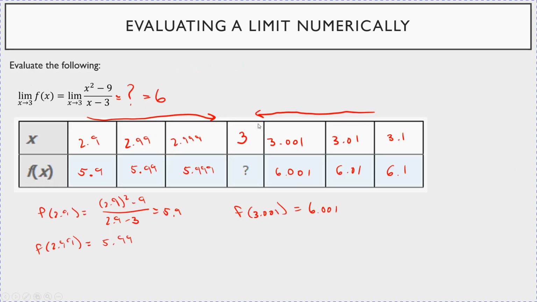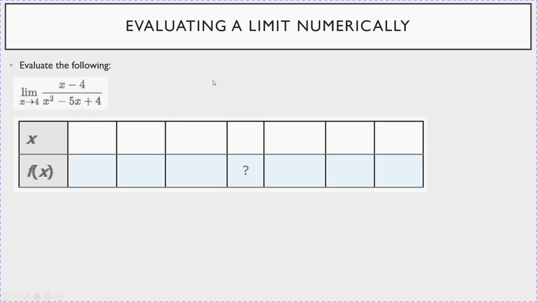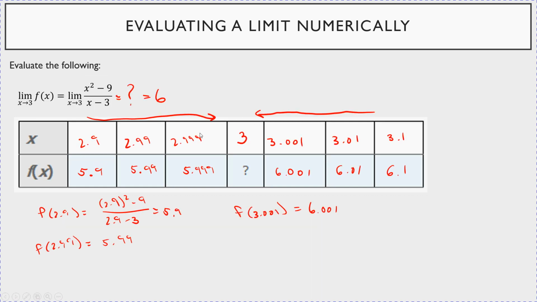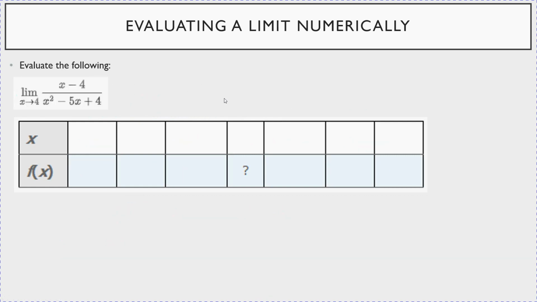All right, so let's do another one. We'll do one here where we don't know what the graph looks like. So here's the second one, using this same type of concept. Let's find the limit as x goes to 4 of x minus 4 divided by x squared minus 5x plus 4.